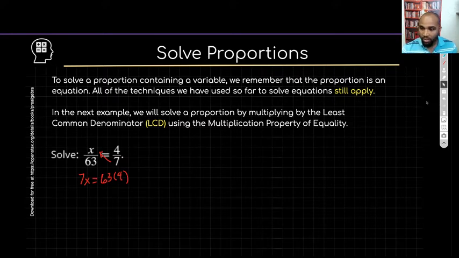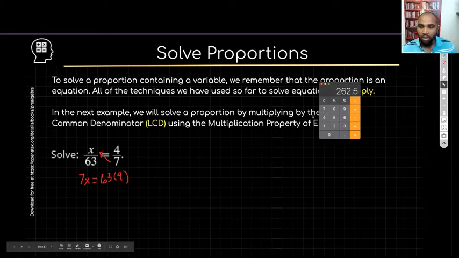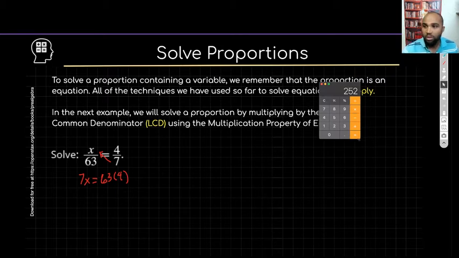Let me pull up my calculator. 63 times 4 is 252. So I know that 7x is equal to 252. And I'm going to divide by 7 on both sides.